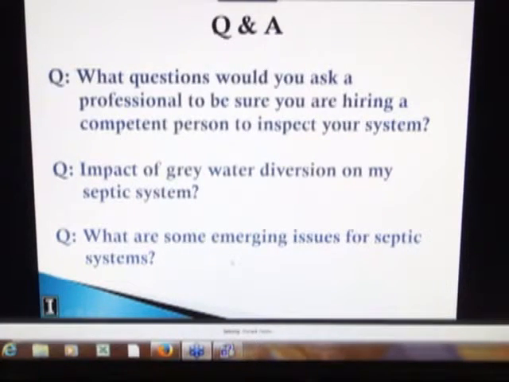When they made the changes to the code in Illinois, a lot of places put systems in, and the systems were installed. Now you have to do some sort of unconventional system, so a mound system, like they use a lot of up in Wisconsin and Minnesota, or maybe you have to do a sealed sand filter or something else to clean the water up.